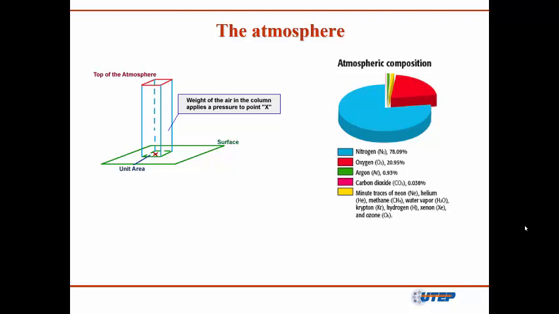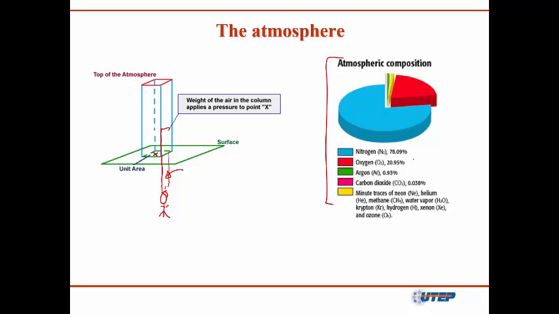It's kind of mind-boggling to me to think of a person, and then here you have the atmosphere on top. So we're talking that the air above us creates pressure on our heads. So it applies a specific pressure, and this is the composition of the atmosphere.